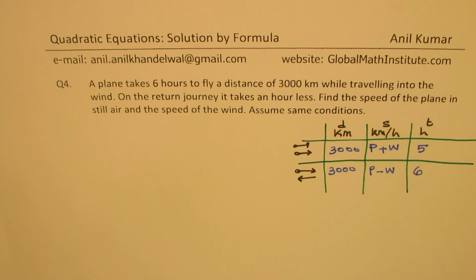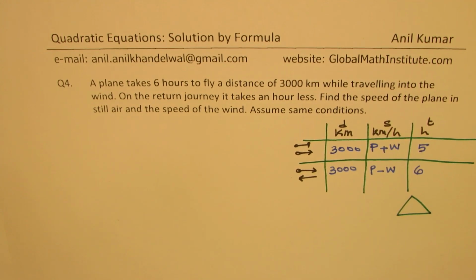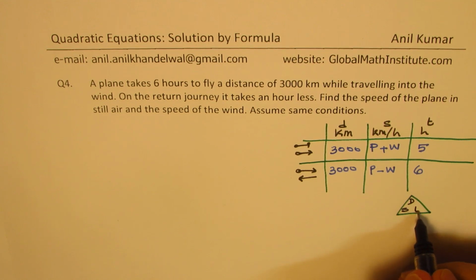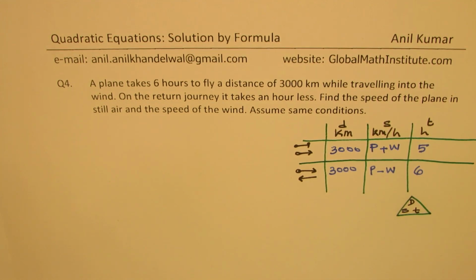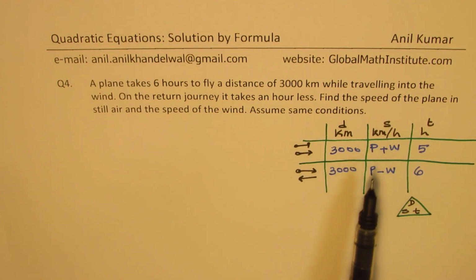So one of the equations, we'll use the distance, speed, time formula, right? So we have this triangle, distance, speed, and time. So we can say that the speed is distance over time, right? So I'm not using a quadratic equation, I'm solving it much simpler.